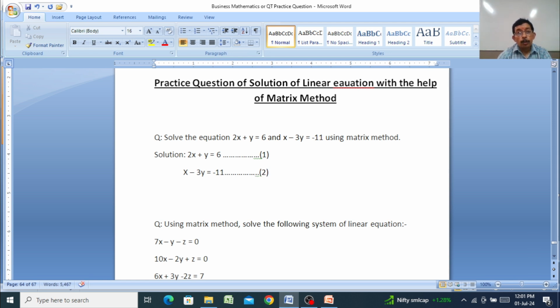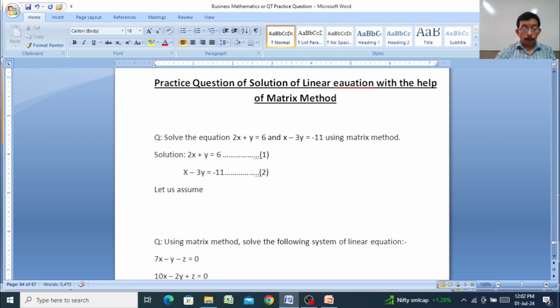Now solve these two equations with the help of the matrix method. Let us assume AX = B.